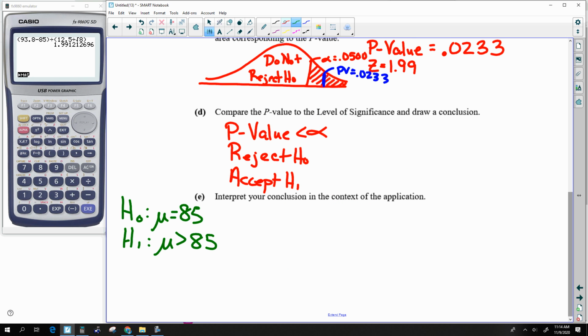Okay. So, all right, here we go. So we reject H naught. Okay, so the average glucose level.